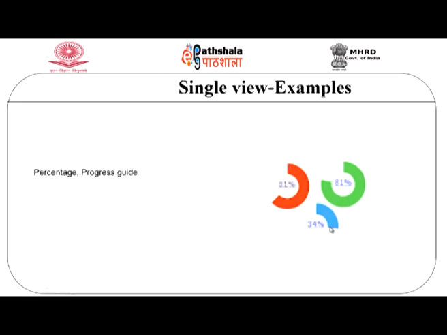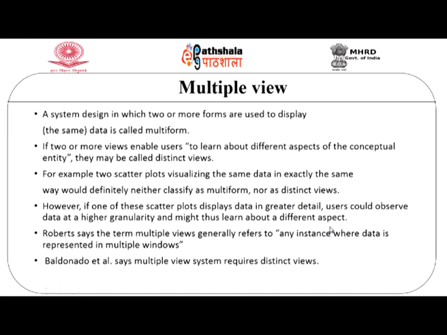Next one is multiple view visualization. A system design in which two or more forms are used to display the same data is called multiform. If two or more views enable the users to learn about different aspects of the conceptual entity, they may be called distinct views.